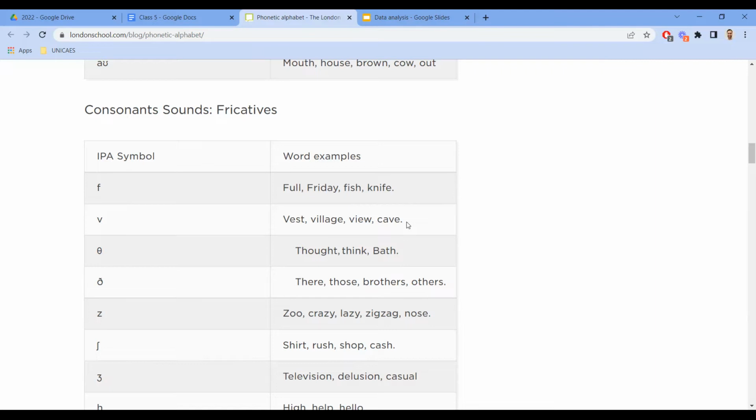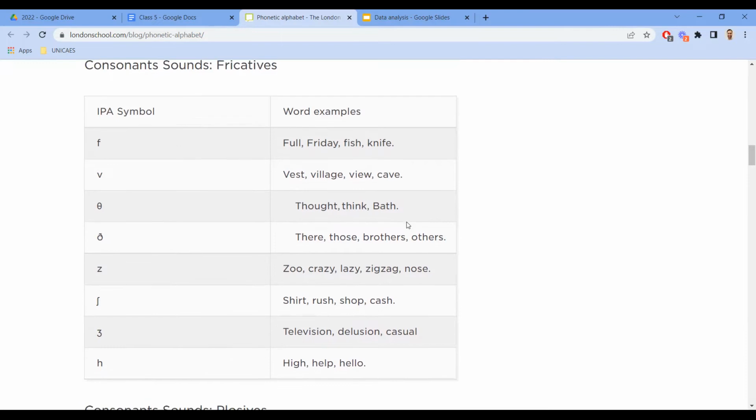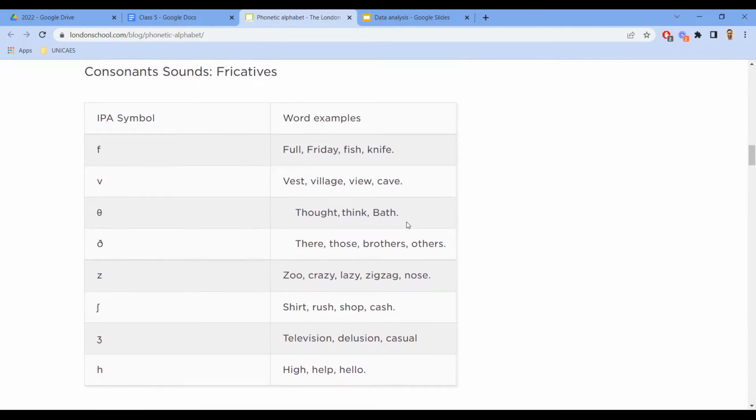Now, for example, we have the consonants that are the fricative sounds. The fricative sounds basically are those sounds that are produced with the tip of your teeth or your upper teeth and your lower lip, right?